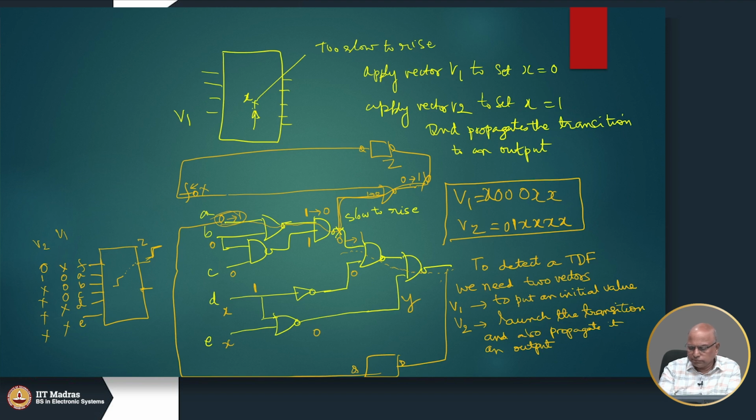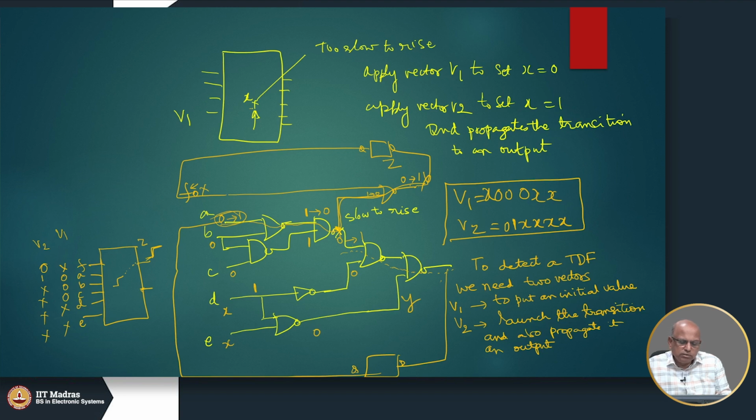I will repeat it. So, understand the main thing. Okay, to launch a transition delay fault, what is a transition delay fault? We pick a particular node, in this example this node X. Okay, this is the node that we are worried about.